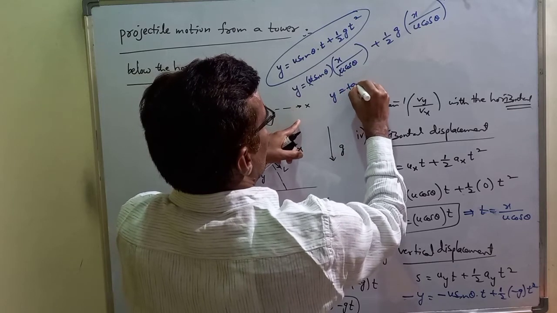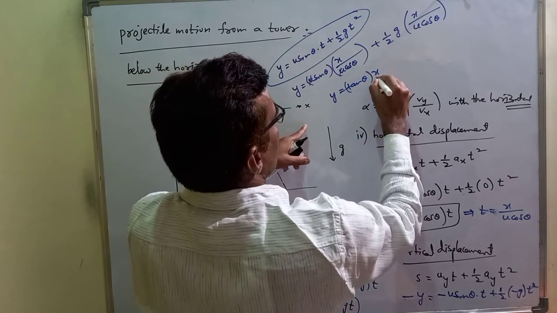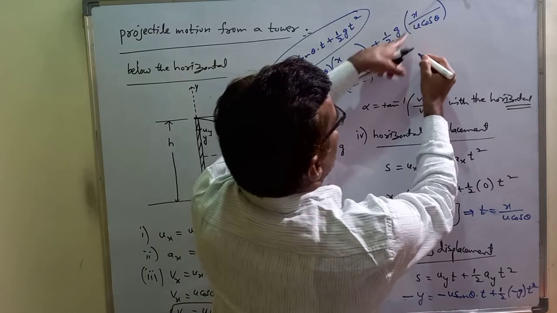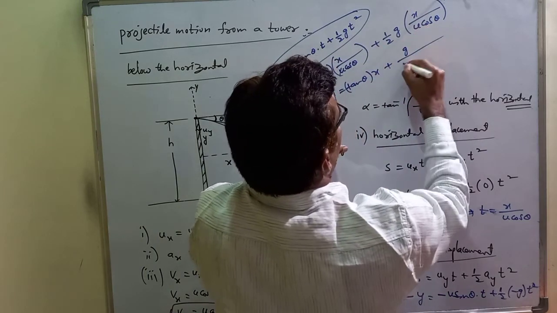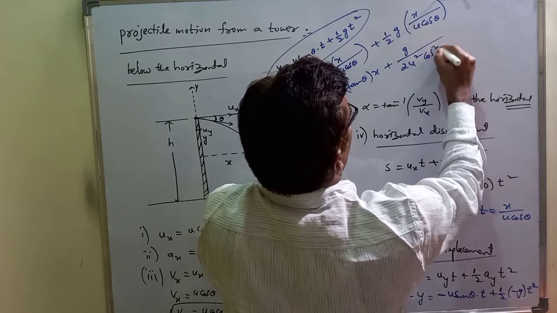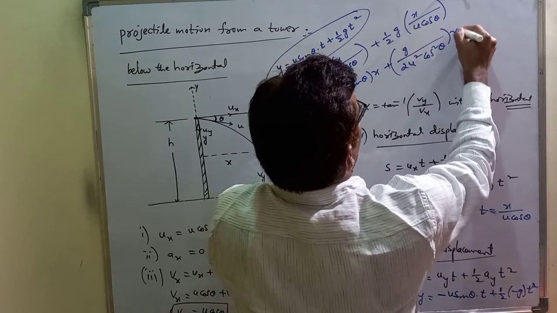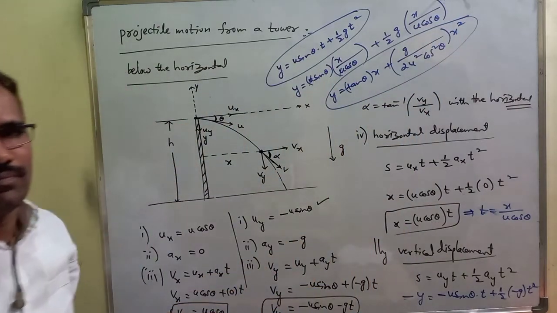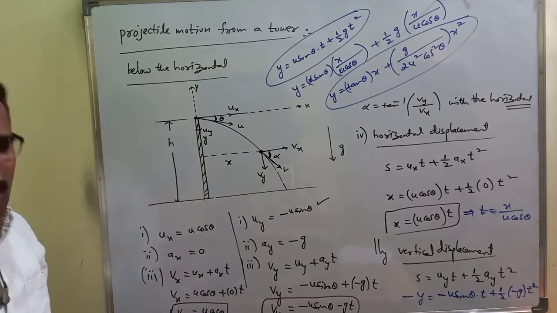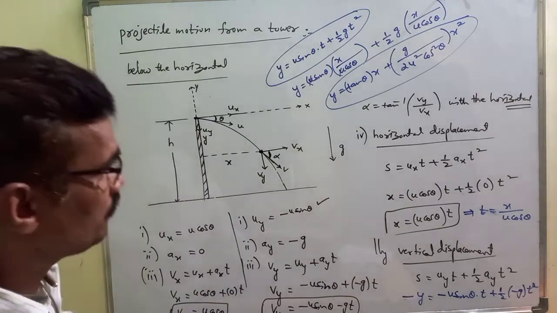Y is equal to tan theta into x plus g x square by 2 u square cos square theta. It is nothing but g by 2u square cos square theta into x square. This is said to be the projectile equation for this case. Okay, write it all of you.